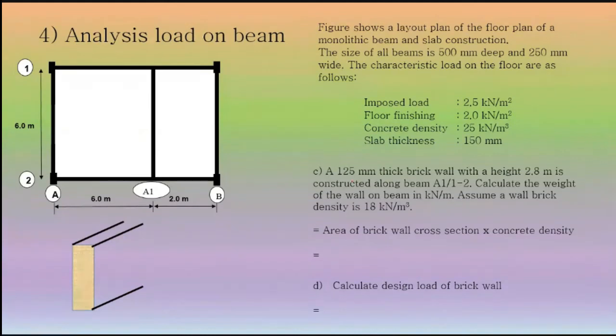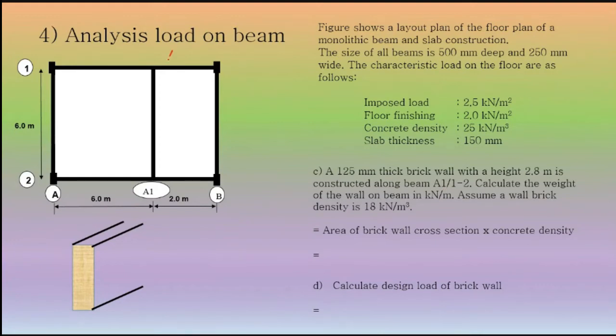Next we look at the brick wall. The question adds: a 125 mm thick brick wall with a height of 2.8 meter is constructed along beam A1 slope 12.